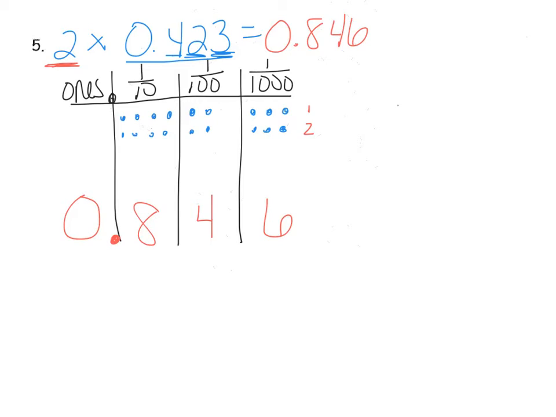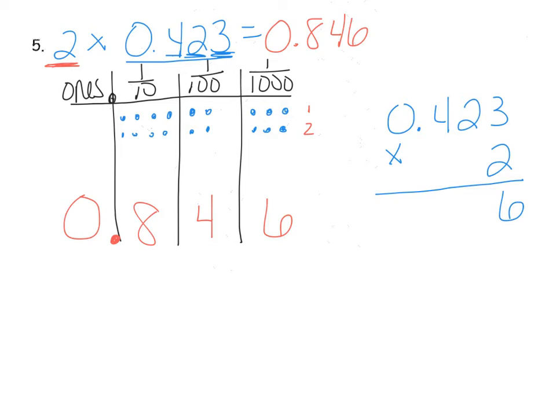So we're going to start with the longer number, because it's not larger, that's for sure. 423 thousandths times 2. Notice that 2 is all the way over to the right. So we start at the right. 2 times 3 is 6. All right, and that's right below the 2 and the 3.